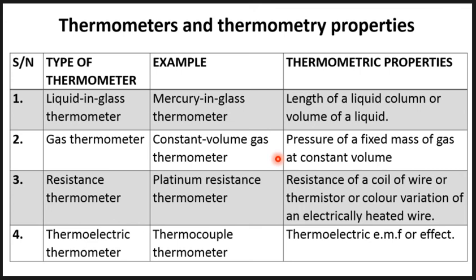In this case, volume is made constant while pressure is varied, as well as the mass of the gas being constant or fixed. So as the pressure is varied, the temperature reading changes due to the change in the pressure of the gas in the thermometer. So that is the thermometric property of the gas thermometer.